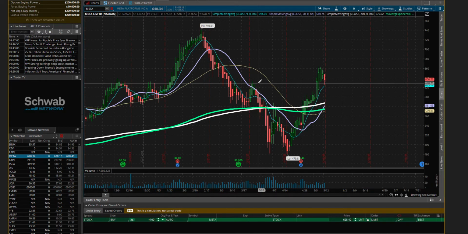Three bars, pushed down, found some support here at the 200. Took a little profit off right here. It popped up to here and you can see where it hit twice and then sold off again. So it got rejected in this area twice, which was a rejection area all the way across.